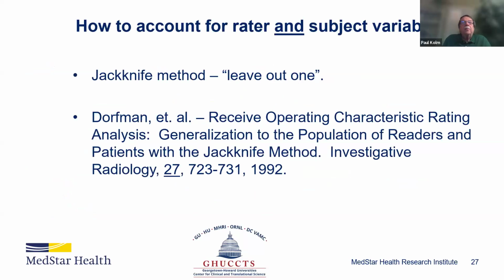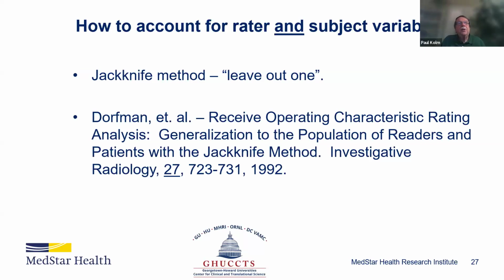So how are we going to account for rater and subject variability in this? Because in our t-test, we've ignored this. One method that's been proposed, and I have the reference here, is the jackknife method.